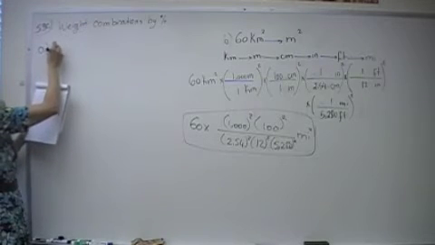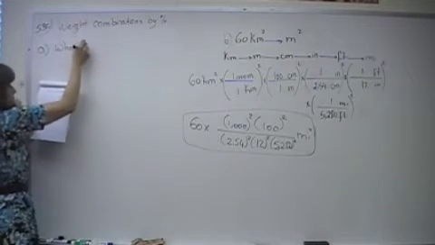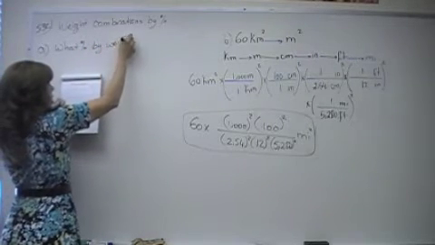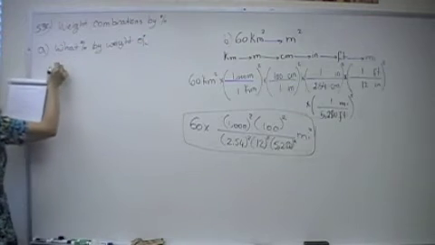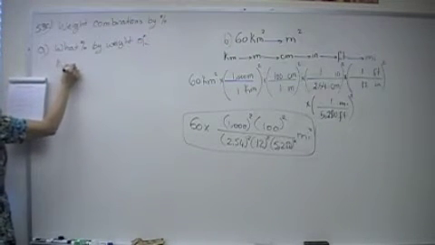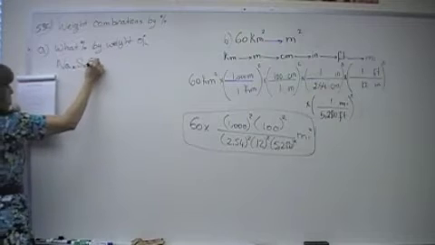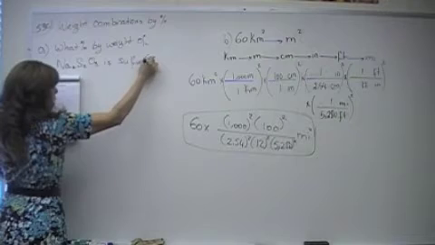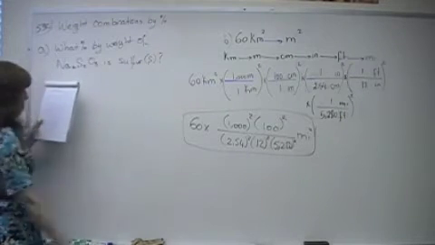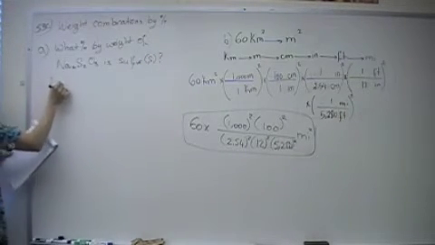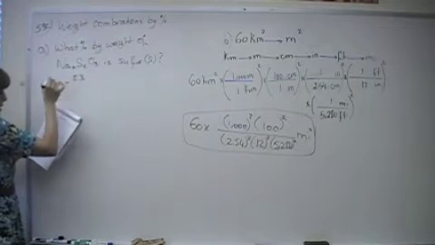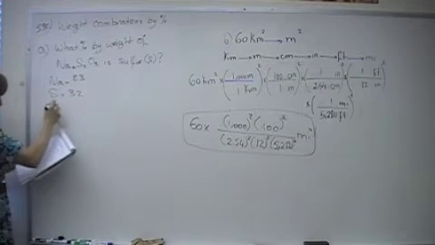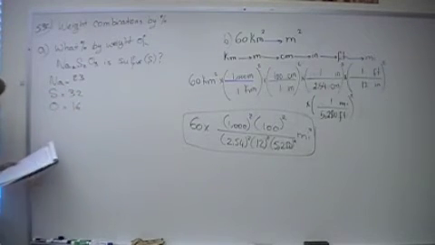A, what percent by weight of Na2S2O3 is sulfur, S, where Na is 23, S is 32, O is 16.